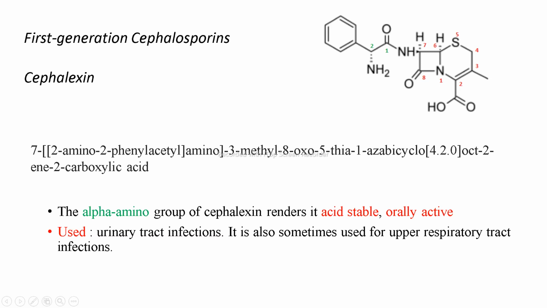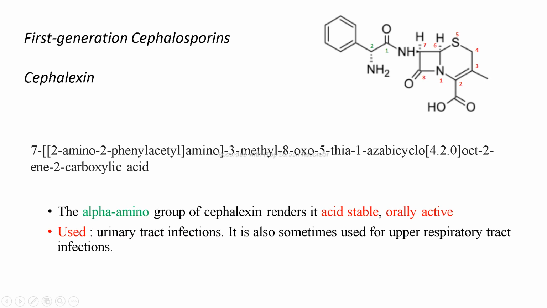Likewise, you have to predict the structure from its name. So cefalexin contains the cephem ring, then Ph is the phenyl, and A means aza, that is the amino group. Likewise, you have to recall the structure.